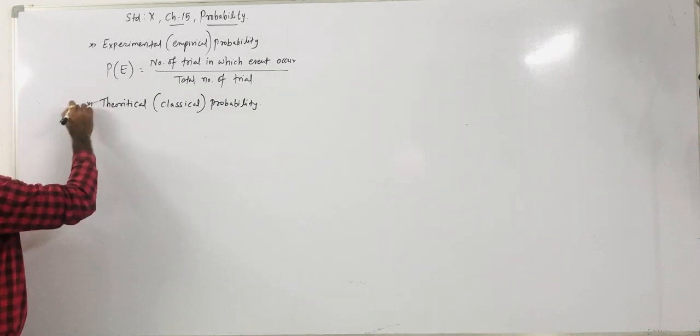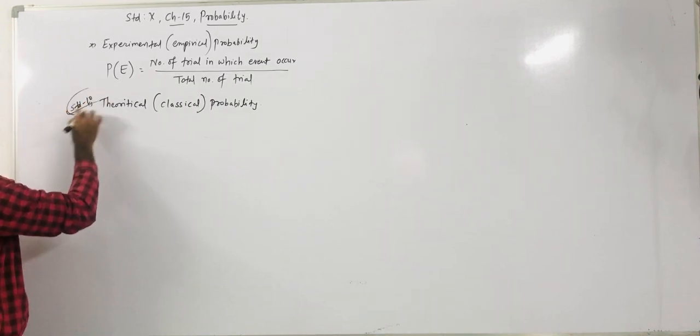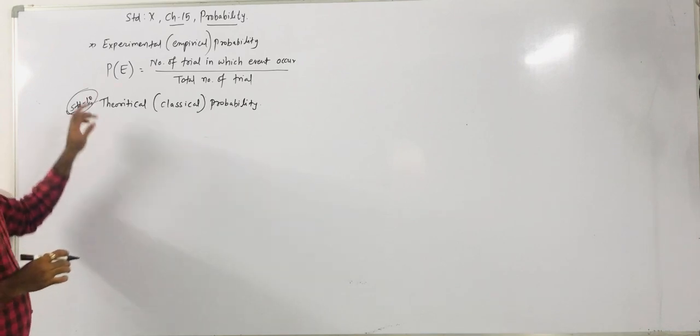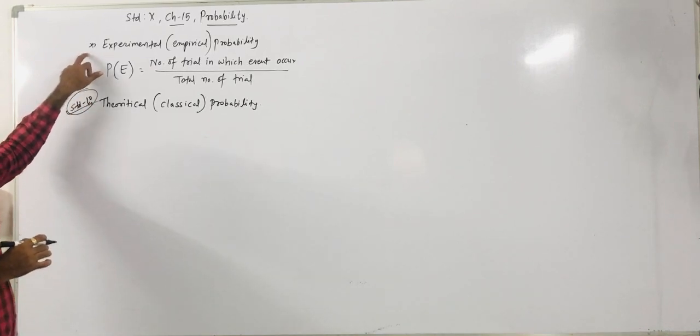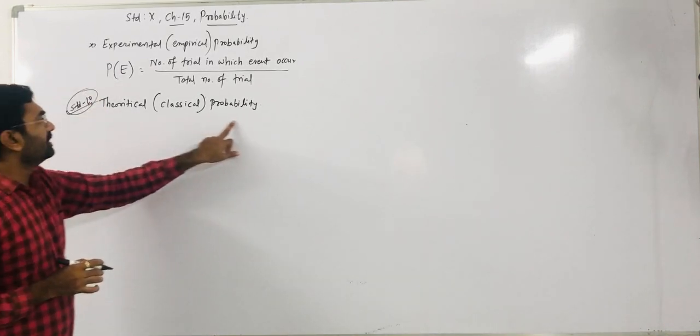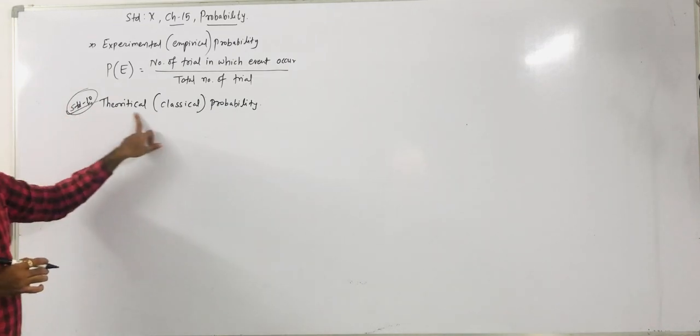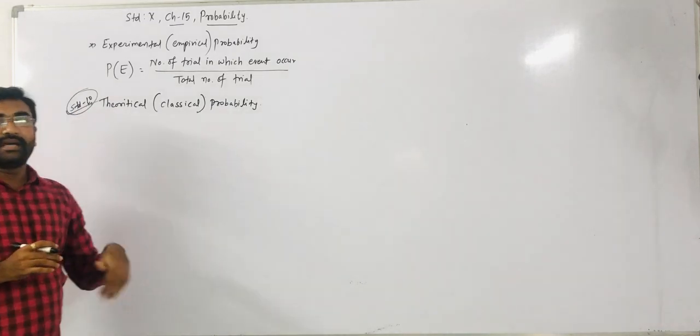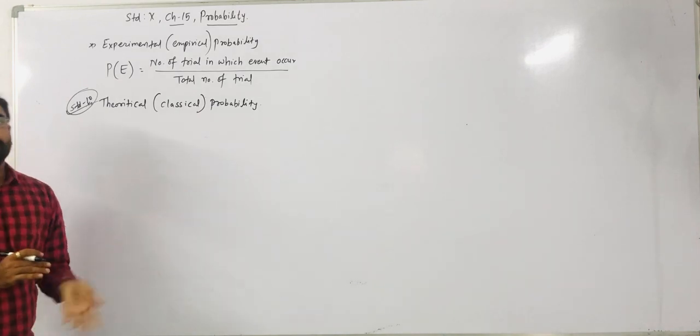That is the standard name we use: theoretical probability, which you already studied earlier. It is based on the assumption that every event is equally likely.